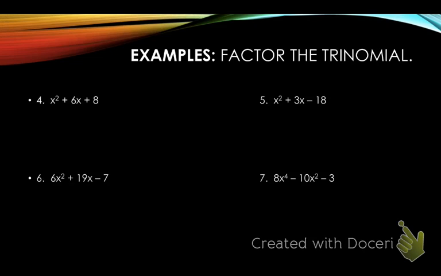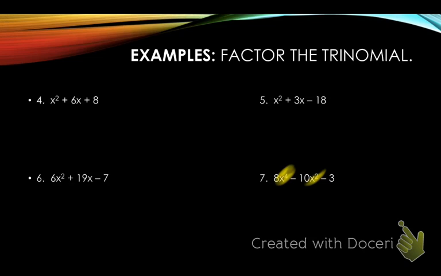If you have an x to the 4th, an even power, you're going to treat it just like if it would have been x to the 6th and then an x to the 3rd, or an x to the 8th and an x to the 4th. Whatever that middle term is, as long as this 2 is half of your 4, you're going to be in good shape, and you can do everything the same way as if it was an x squared. So don't treat it any differently.